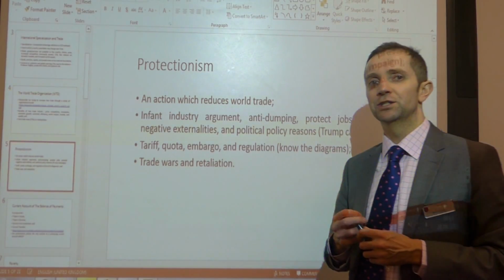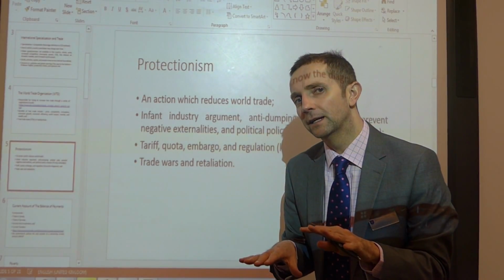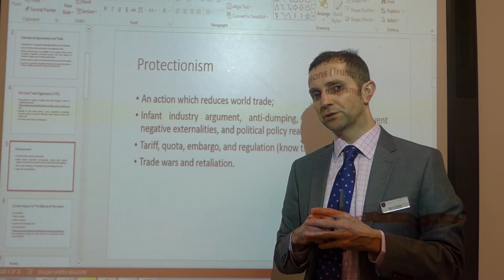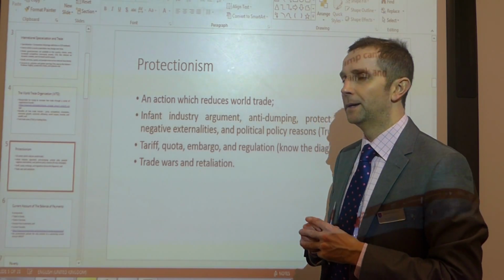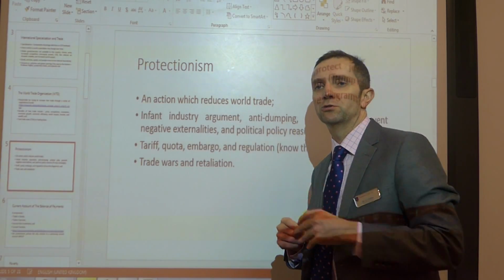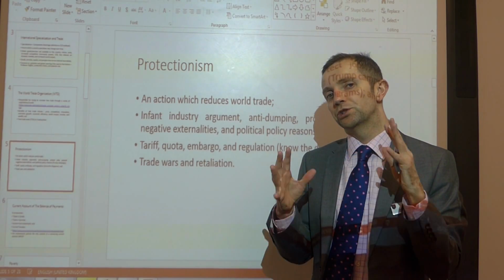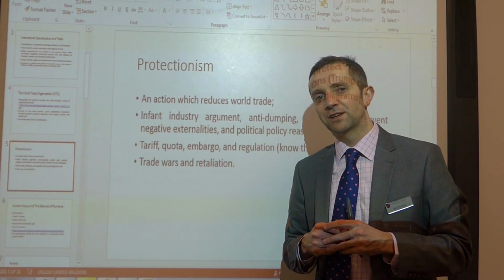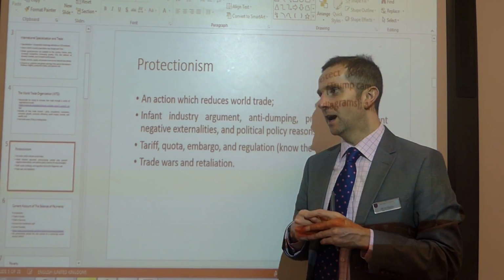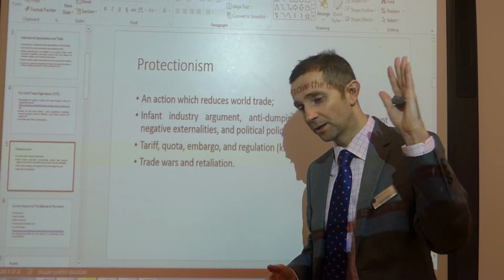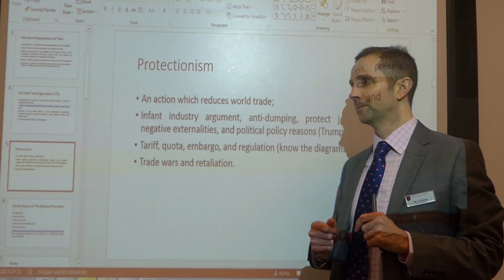Secondly, to prevent the dumping, or an anti-dumping measure, of cheap goods in foreign countries. So for example, China had an excess supply of steel. And because there was an excess supply, the price of it was falling to the floor.